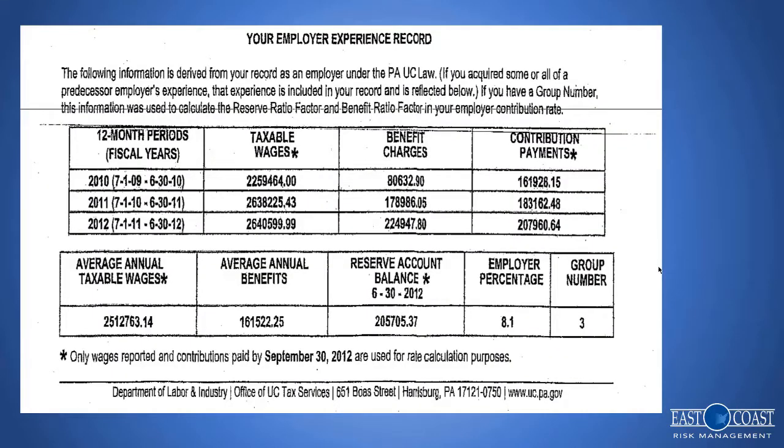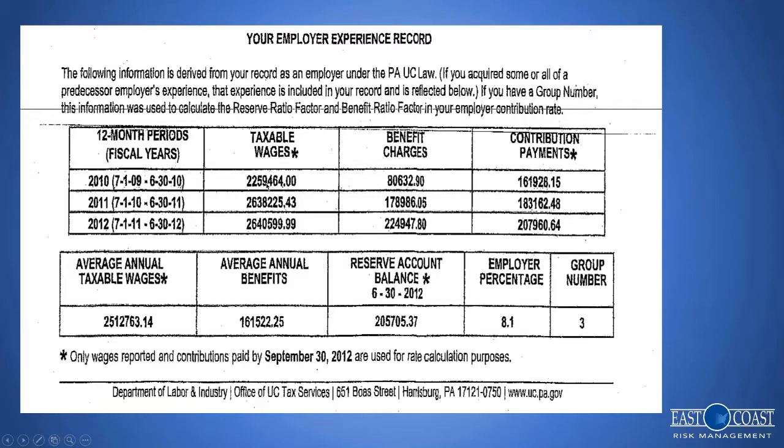And finally, this slide, probably the most important slide of them all, will dictate what you really need to look at. You want to look at the 12-month periods, each year, each fiscal year: the taxable wages, benefit charges, contribution rates.